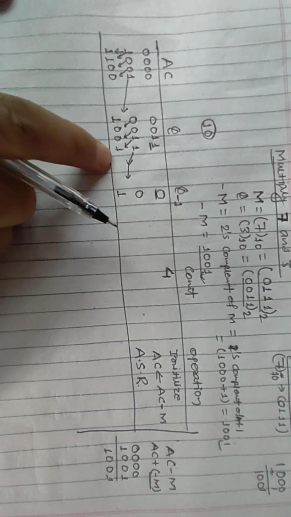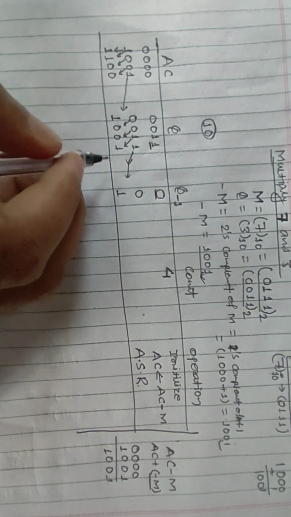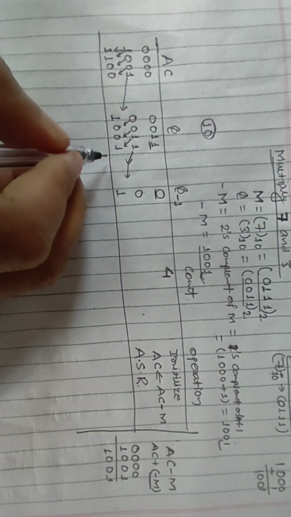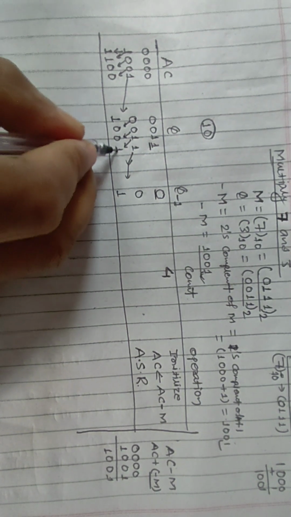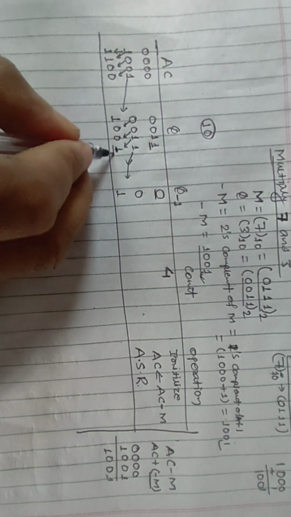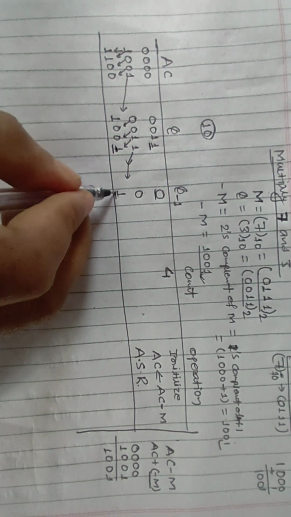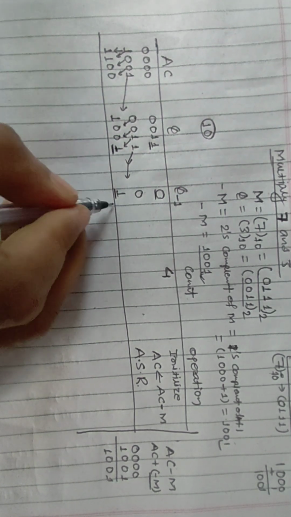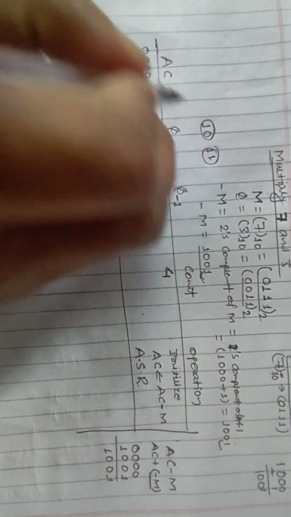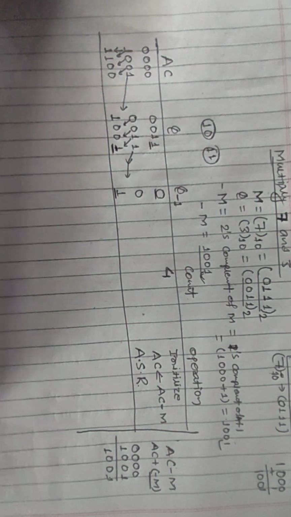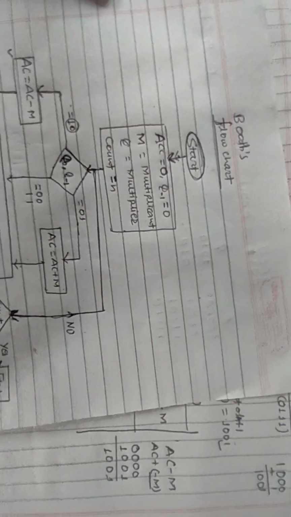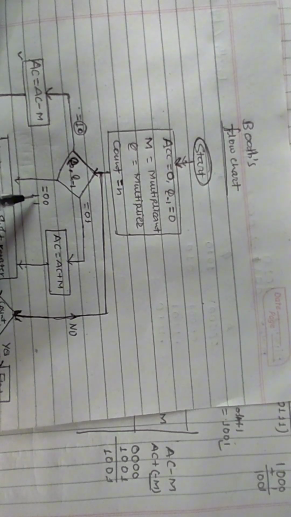We have shifted this, that's why I have written it. Now we can compare the least significant bit of q, which is 1, and the bit of q minus 1, which is 1. So now our combination becomes 1 1. What can we do with this 1 1? For this 1 1 we can see from the flowchart.